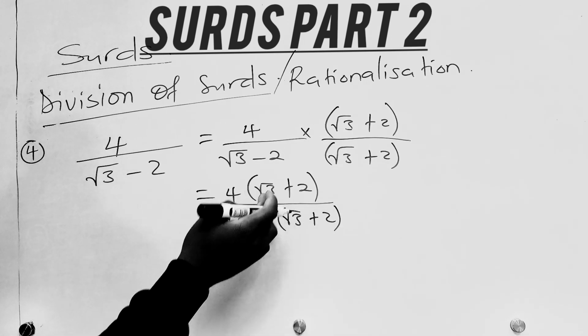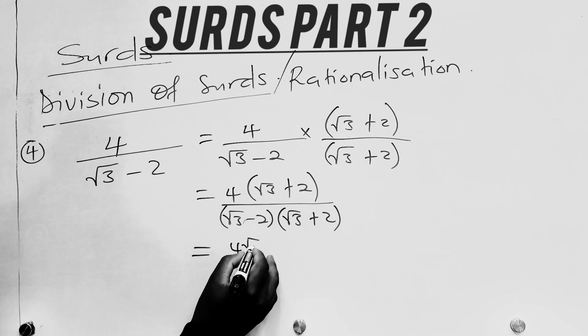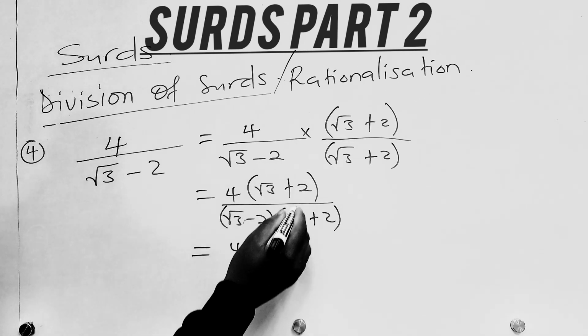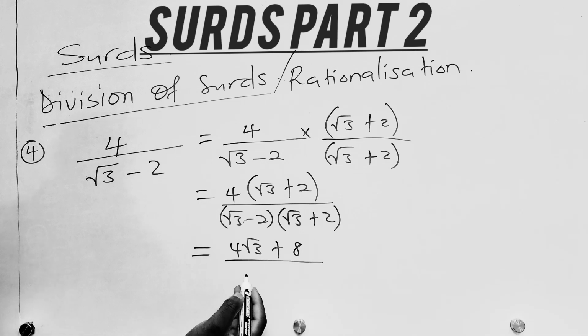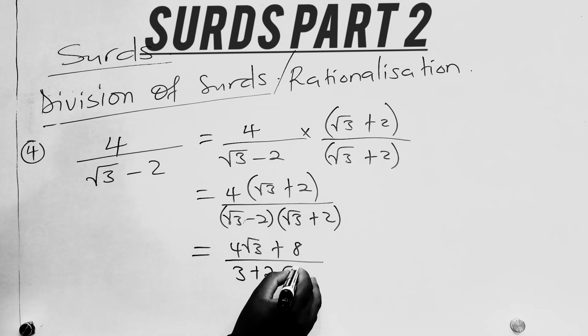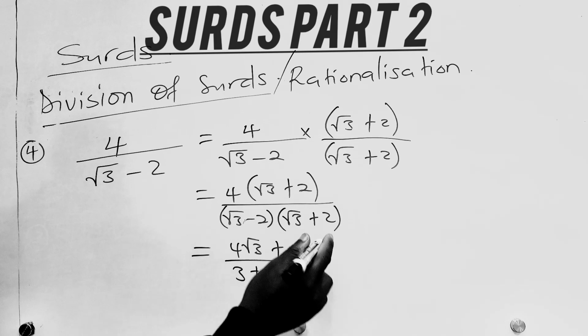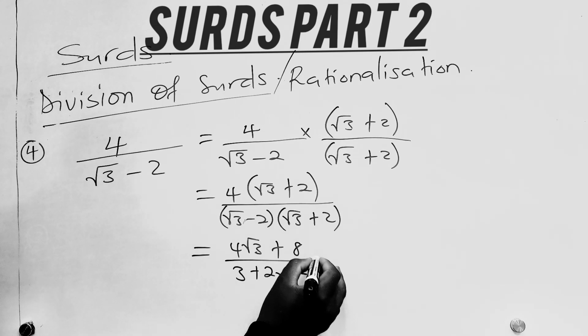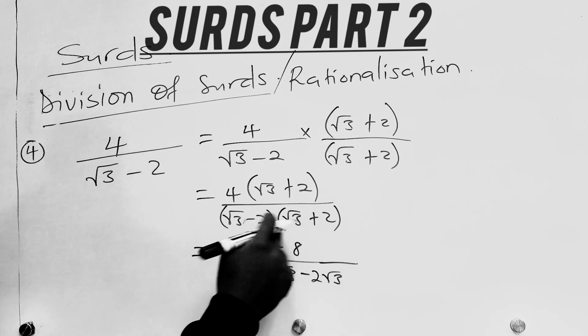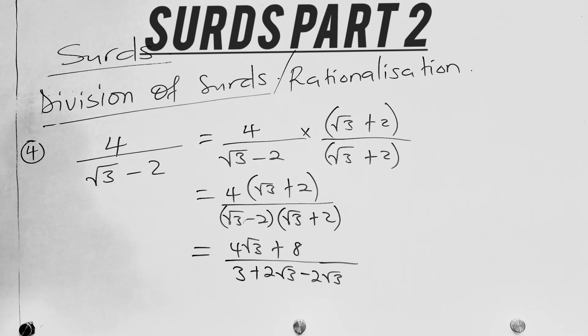So this is 4 times root 3, we get 4 root 3, plus 4 times 2, which is 8, over root 3 times root 3, we get 3. Root 3 times 2, we get 2 root 3, minus 2 root 3, minus 2 multiplied by 2, we get minus 4.